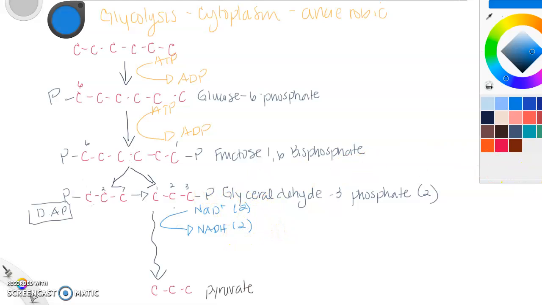We also, within this, use the phosphates off of these 2 molecules, and we're going to add the phosphate from these molecules to ADP and get ATP. ADP to ATP. That happens twice, since there are 2 molecules, so we're getting 2 ATPs here.